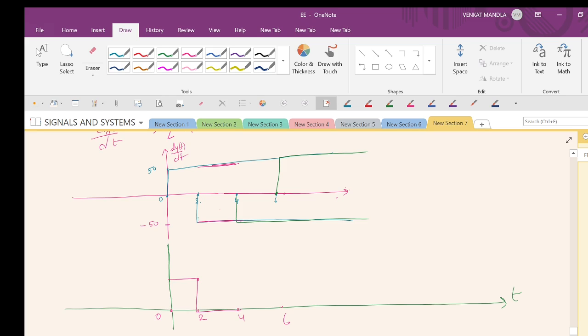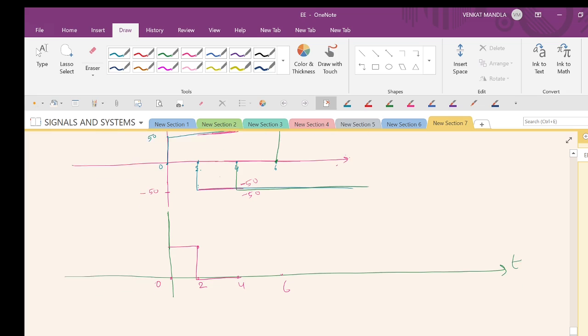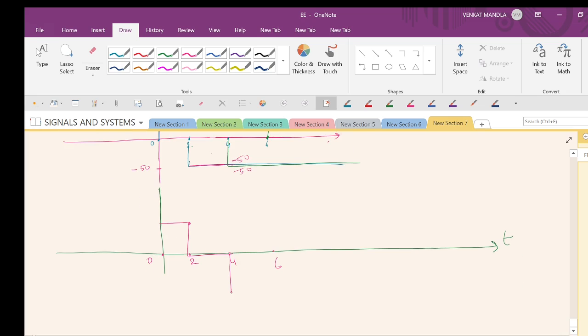Next, from 4 to 6 we have minus 50. This blue line, green line, again above one blue line. Here one blue line minus 50, one green line minus 50. If you add these three you will get minus 50.